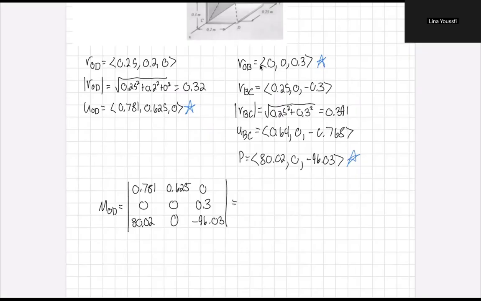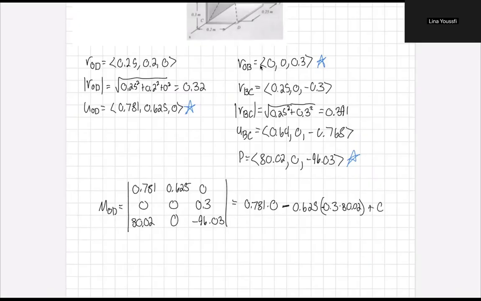We take the 0.781, and since both of these are going to be 0, that term just cancels out. So we're going to have 0.781 times 0, and then we're going to subtract 0.625 times, we've got a 0 term here, and then we've got 0.3 times 80.02, but since that's our second term, we're going to put a negative in front of that.